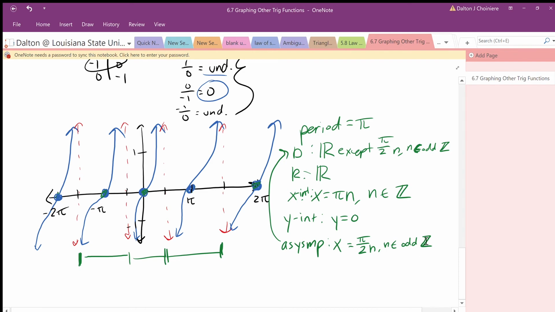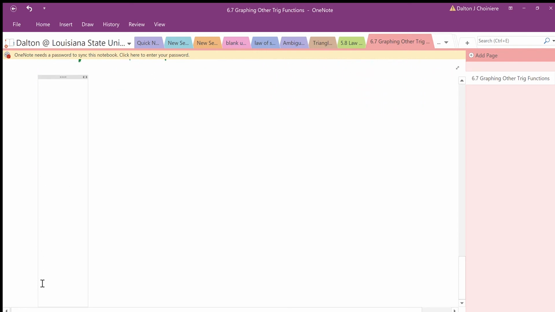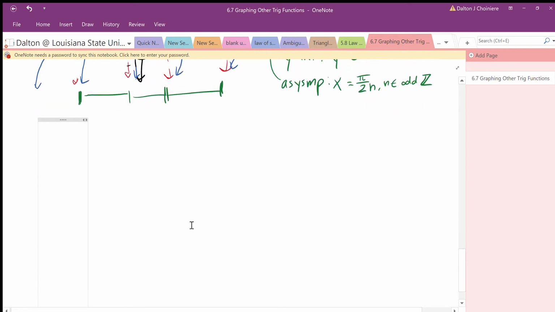So there is tangent. Our last function that we need to discuss, as you may have guessed, is cotangent. Why? Well, because recall, tangent of theta and cotangent of theta are reciprocals.